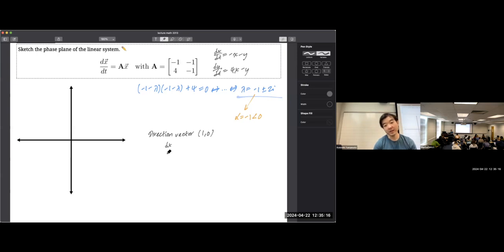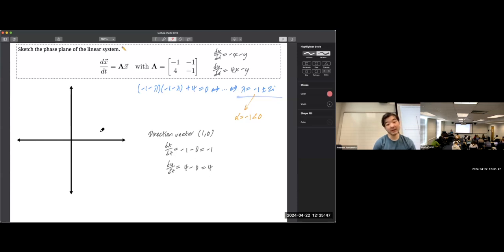So you get dx/dt equal to -1 minus 0, which is equal to -1. dy/dt is equal to 4 minus 0, which is equal to 4. So that means whenever I'm at (1, 0), which let's say is halfway between here and here, I need to be going 1 unit to the left, but 4 units up.